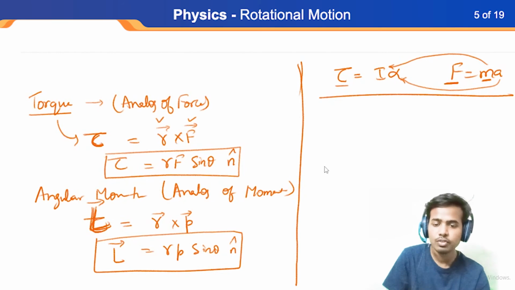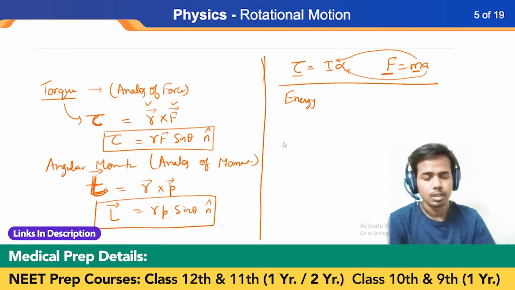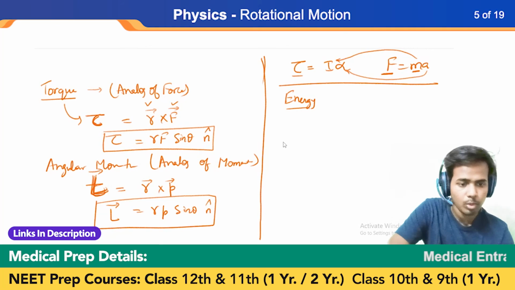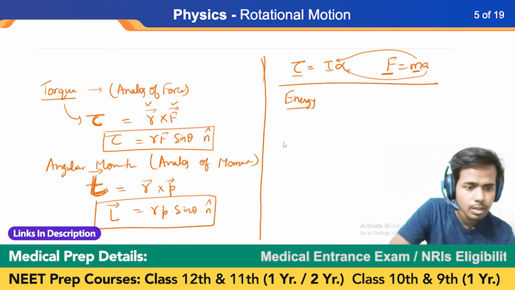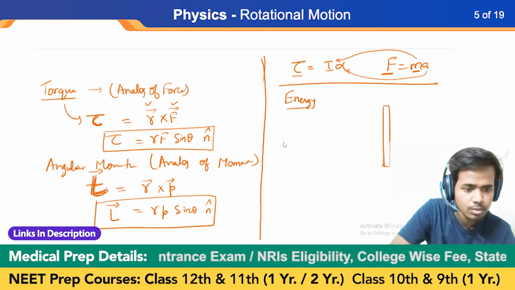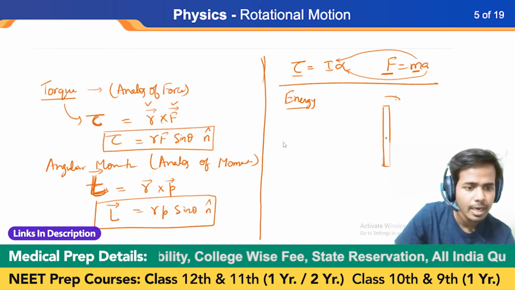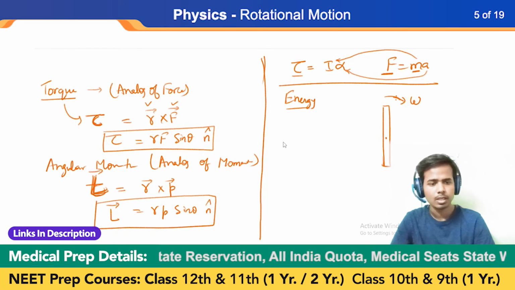But one thing which was missed in the mind map was the energy associated with the rotating bodies. Now, let's say there is this body which is rotating at some angular velocity omega.